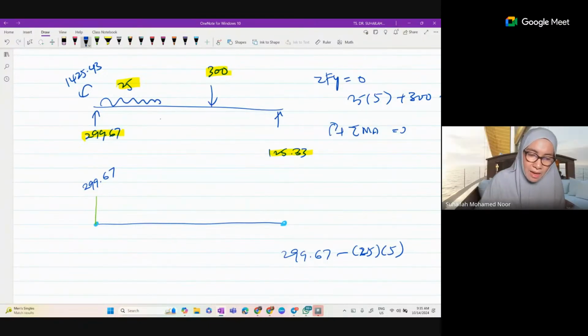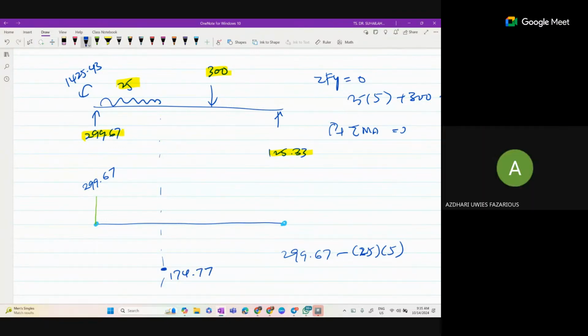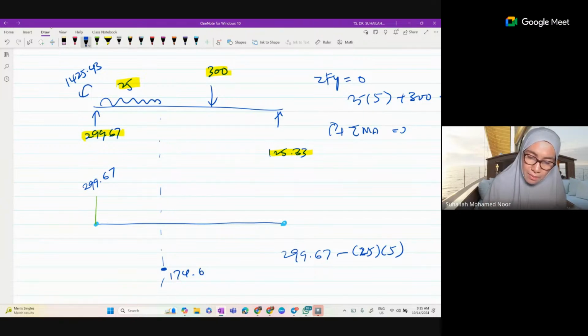So dia satu line dengan ni lah. Okay, 299 kat sini point dia. This is the point. Kita minus 25 times 5, kita dapat 174.67.